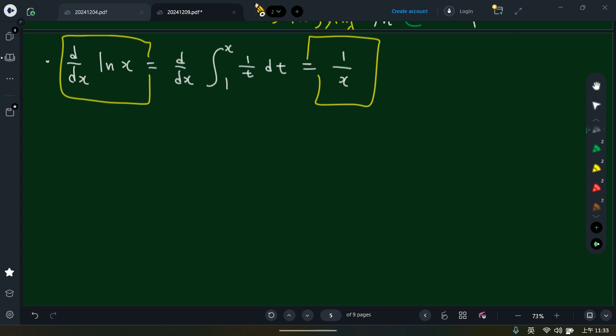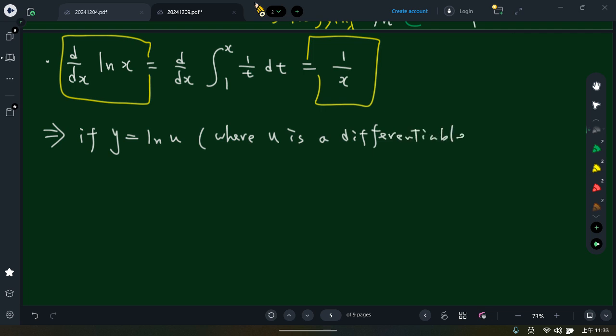And we can just extend the idea to y equal to ln u, where u is a differentiable function of x. When we differentiate ln u, you can see the difference here. Here is x, but here is u.